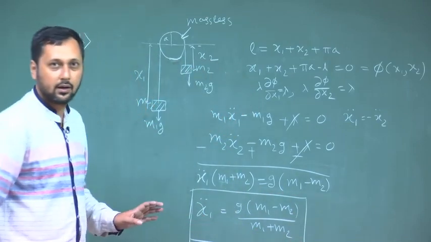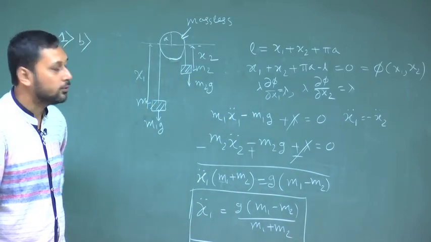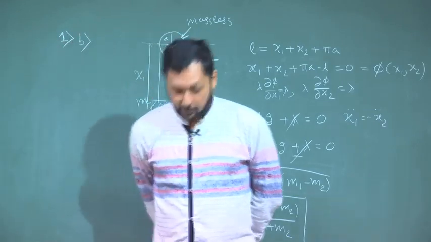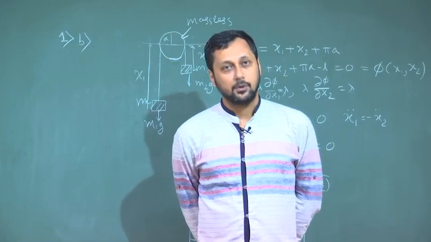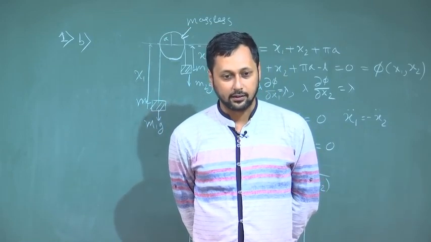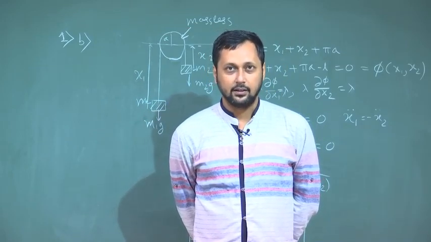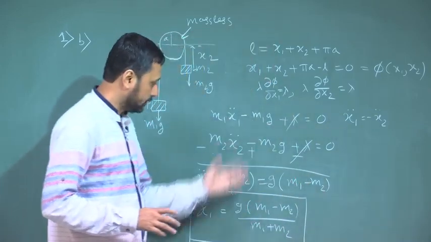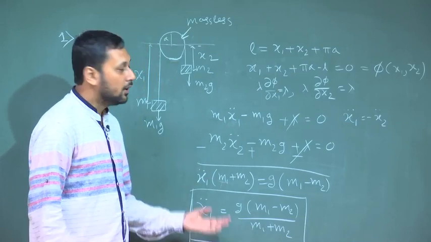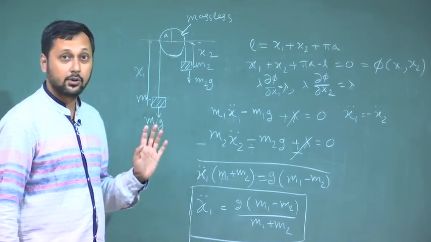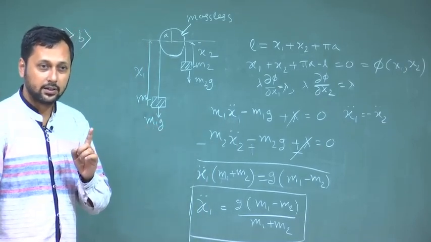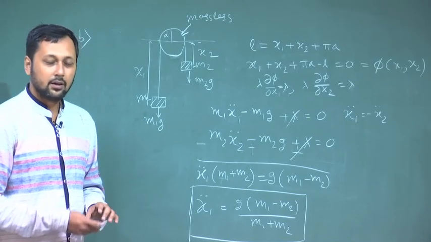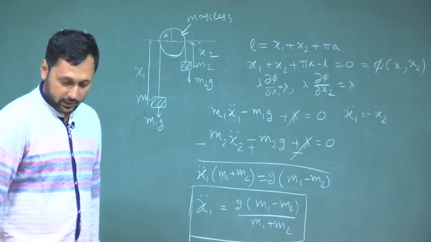So, I just took a very simple example of Atwood's machine in order to demonstrate how these two techniques work, but please remember both these techniques are a bit primitive in nature, in a sense that they really need serious algebraic operations to go to the final equation. Also, we are good here because we have only one constraint condition. If we have more than one constraint condition, it will not be so easy a job, right.